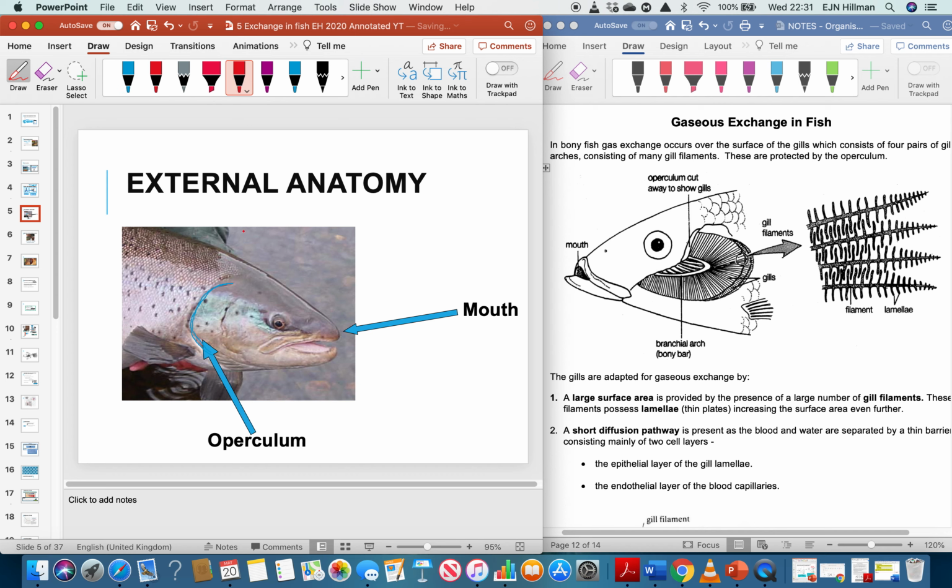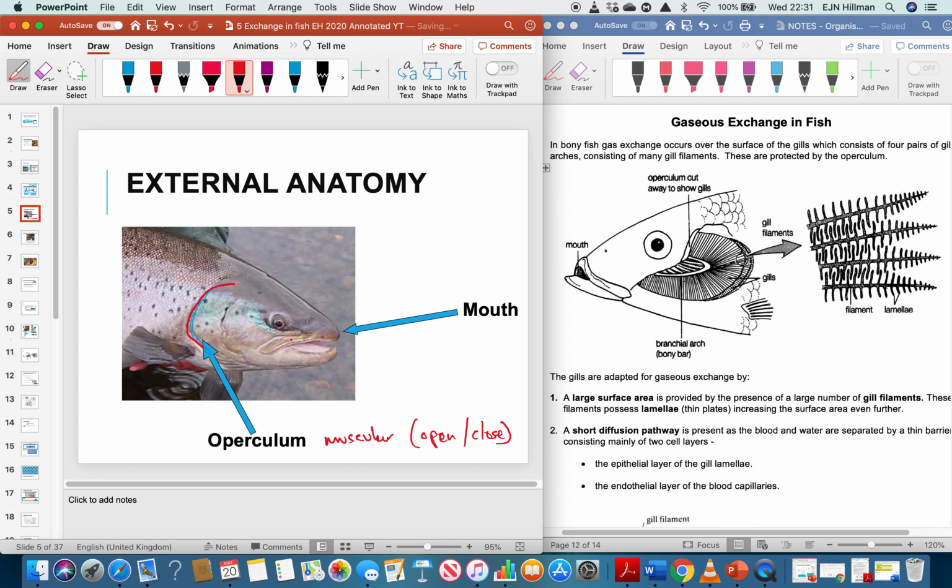So if I can do it in red, it might be easier to see. Okay, so there is the operculum. And the operculum can be opened or closed. It's muscular, and the fish is able to open or close the operculum. And we'll have a look at the stages that take place for that to happen shortly.